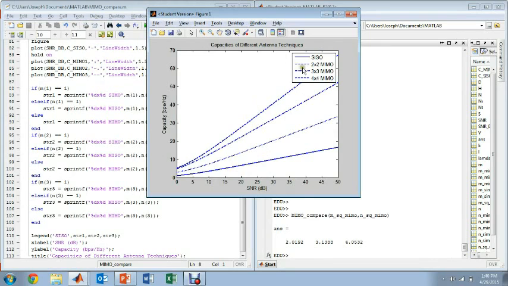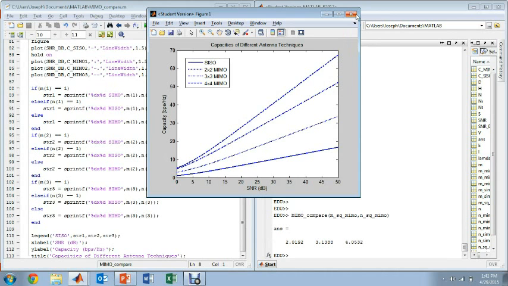Which we see here. We have our baseline of about 16. The 2x2 is about 32. 3x3 is about 53, 54. And finally the 4x4 is around 65, 66.